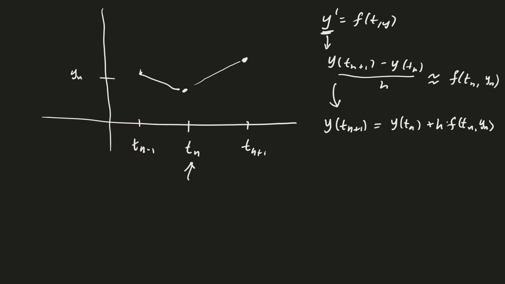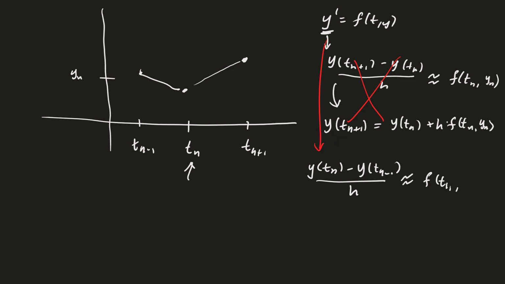The reason I go through that is because instead of using this forward difference formula, we could have used the backwards difference formula. So in place of y prime here, I can instead use the backwards difference formula and write that y of Tn minus y of Tn minus 1 divided by h is approximately equal to f of Tn, Yn.